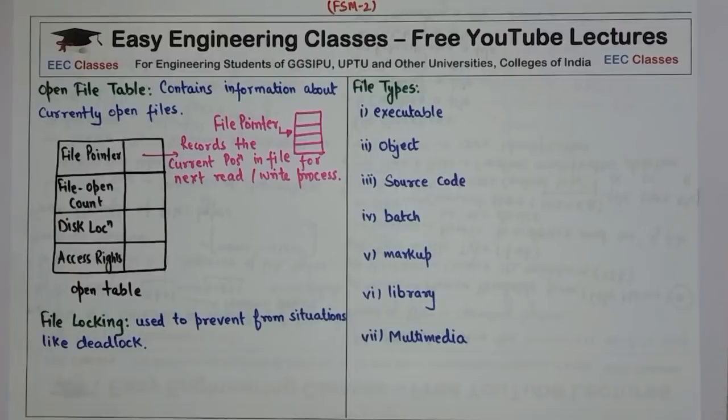Then we have file open count. This parameter specifies how many times the current file has been opened simultaneously by different processes and not yet closed.